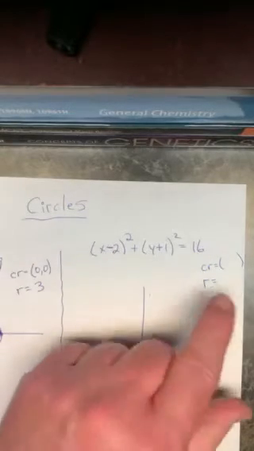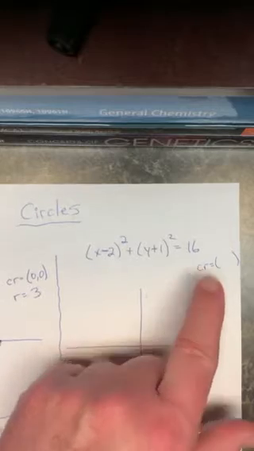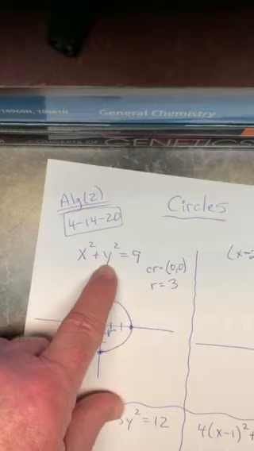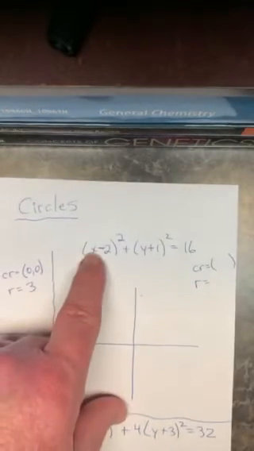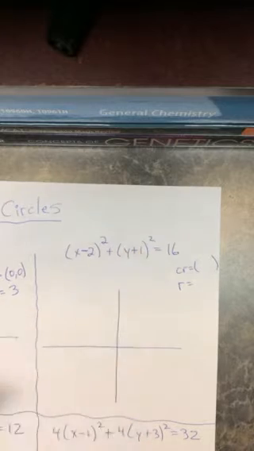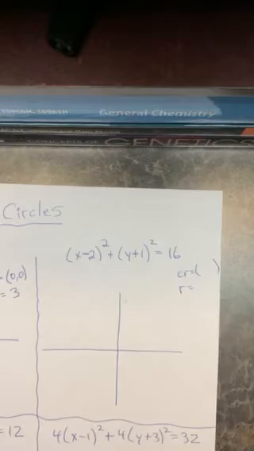Okay, the center of this circle is not 0, 0, is it? Because it doesn't say plain old x squared and plain old y squared like that last one. The x has a minus 2 attached to it, and the y has a plus 1 attached to him. So you would think the center would be negative 2, 1.